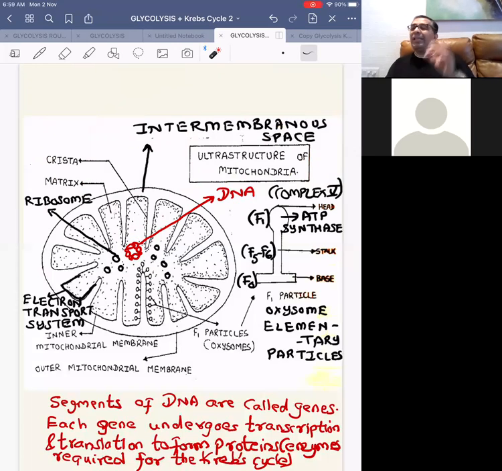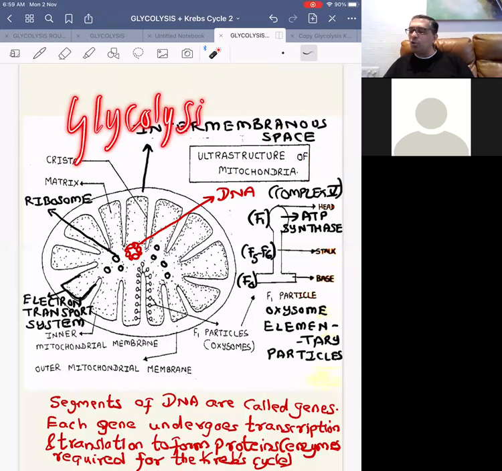Beautiful point. Now, सबसे important, where does glycolysis take place? We have understood it many times, in the cytoplasm. Where does Krebs cycle take place?